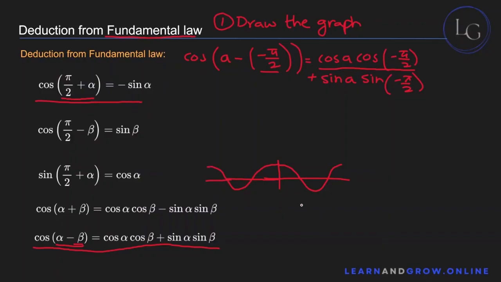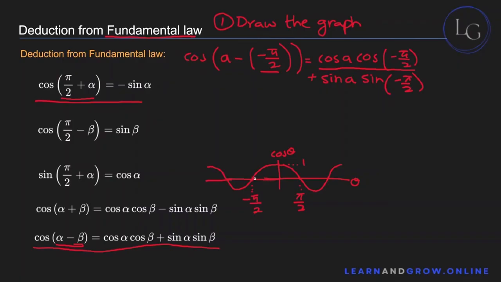Don't mind my drawing, but still, this is the point pi by 2, and this is also the point negative pi by 2, and this is the point at 0 in which the value of the cosine function is basically 1.